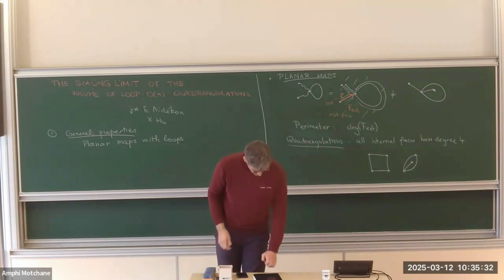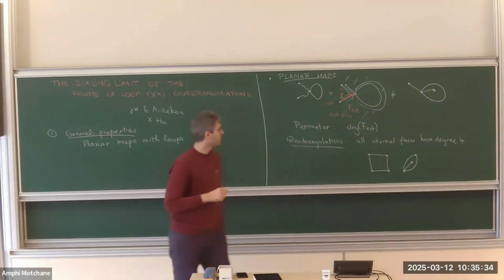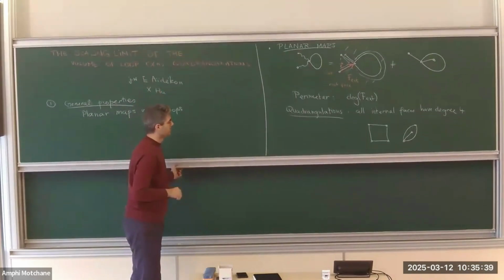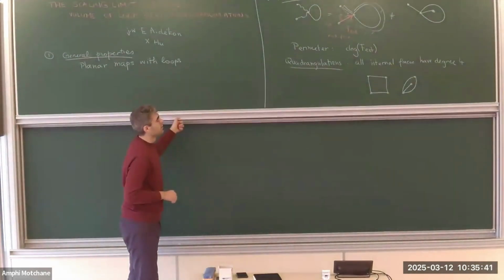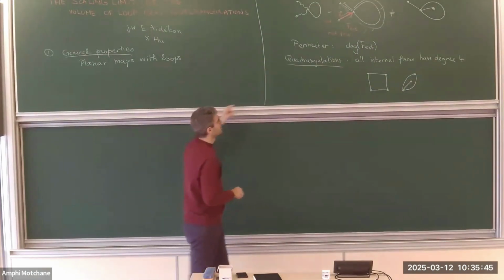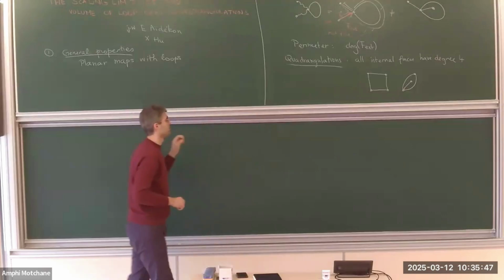So the general question for this talk is, what can we say about the volume, the number of vertices of these maps when you're fixing the perimeter, the degree of this external face, and sending it to infinity?